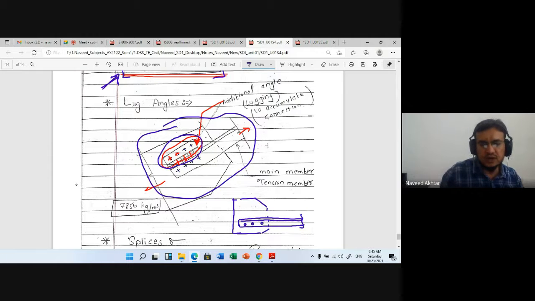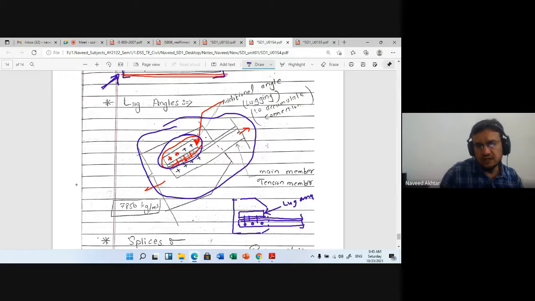So where will you provide the other three bolts? For that you will attach another angle section, and that additional angle section is called the lug angle.